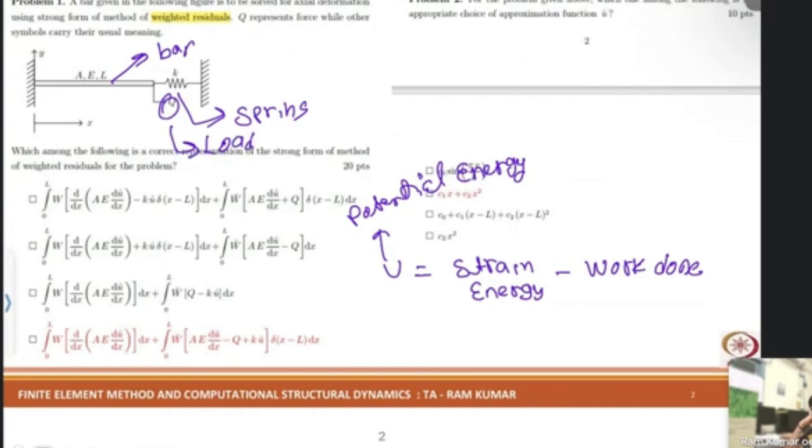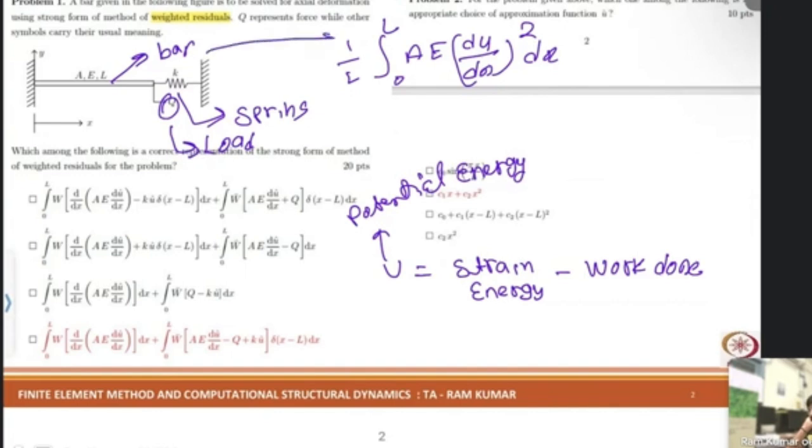We know that the bar has strain energy 1 by 2 integral from 0 to L of AE (du by dx) whole square into dx. This is our bar strain energy. Then the spring has half k x square.